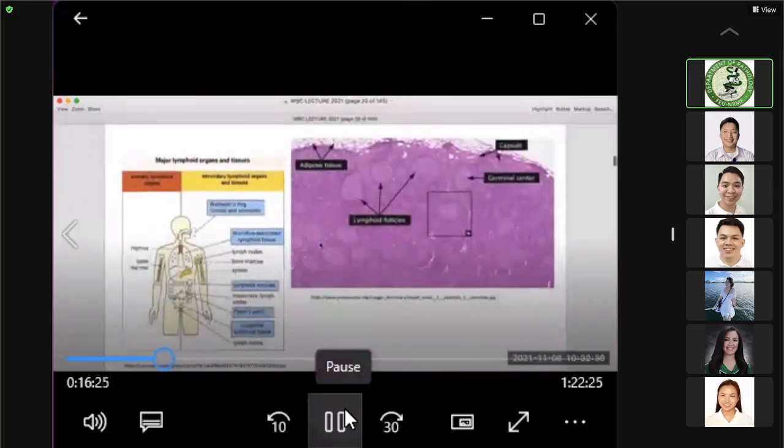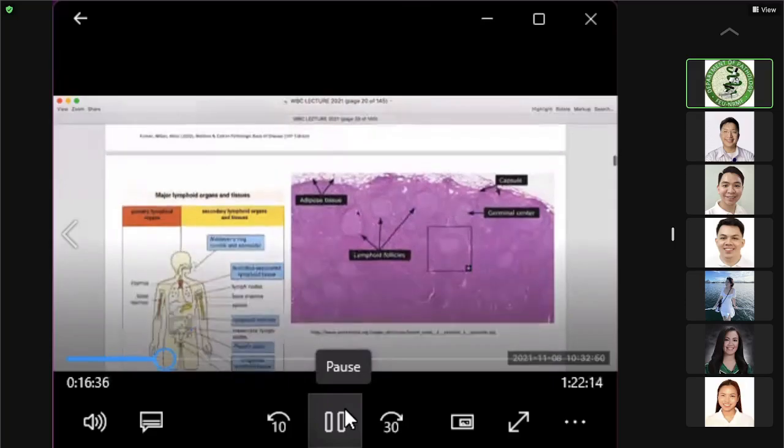So this one shows us the distribution of the different lymphoid organs or lymphoid tissues in the different areas of the body. If we look at it microscopically, we see something like this.